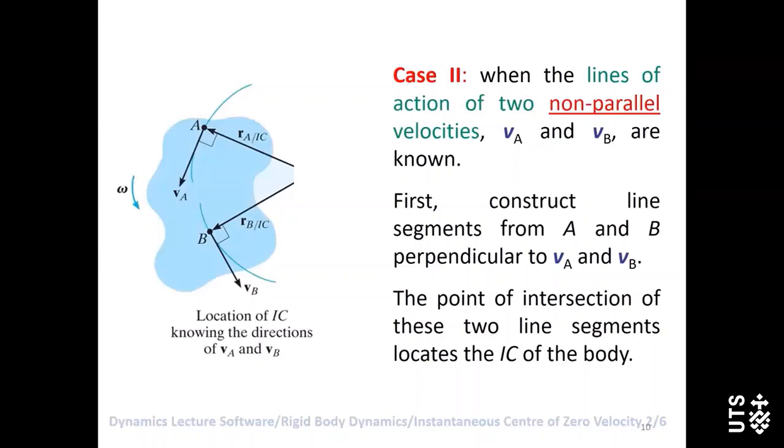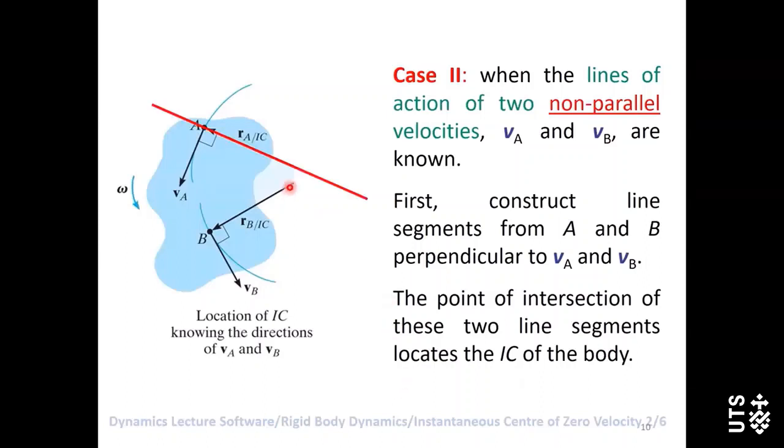The second case, in this case here, we have one rigid body and it's undergoing general plane motion. We know the velocity at point A and the velocity at point B. Again, because the IC point is the instantaneous axis, if we draw a line connecting point A and IC, this line must be perpendicular to VA.